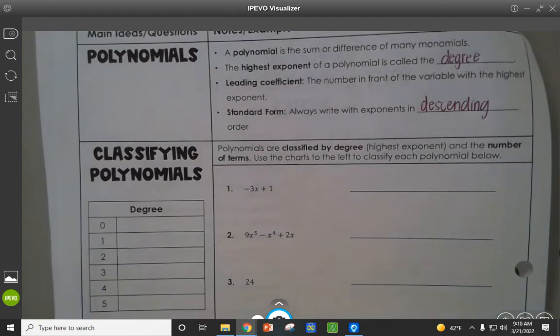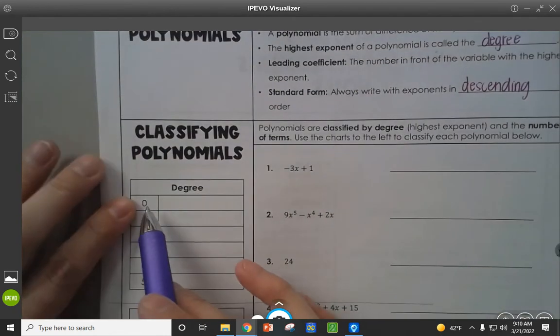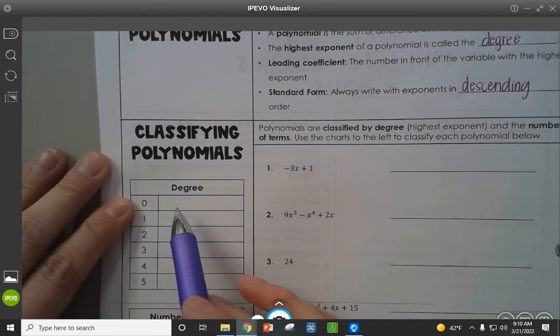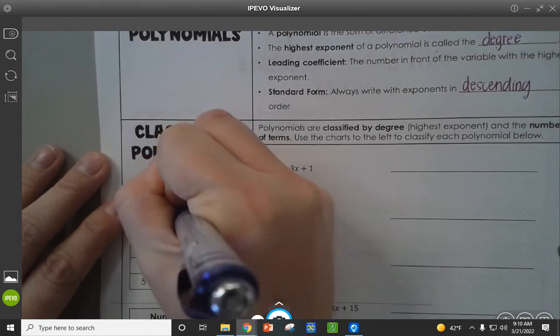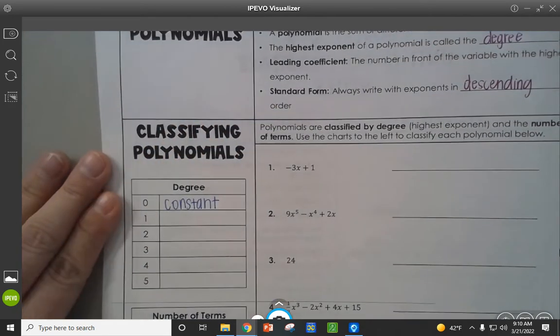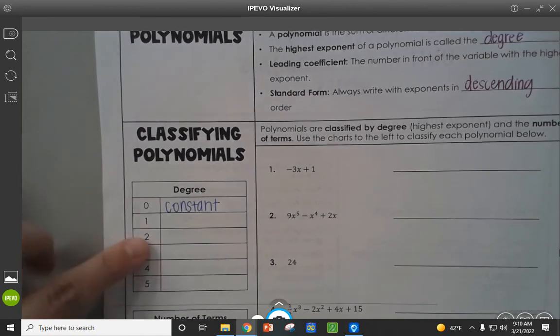So let's look at this chart here on the left. If the degree is 0, meaning there's not an x at all, it's just a number, that is called your constant. Like if it's just the number 7, that's just a constant.